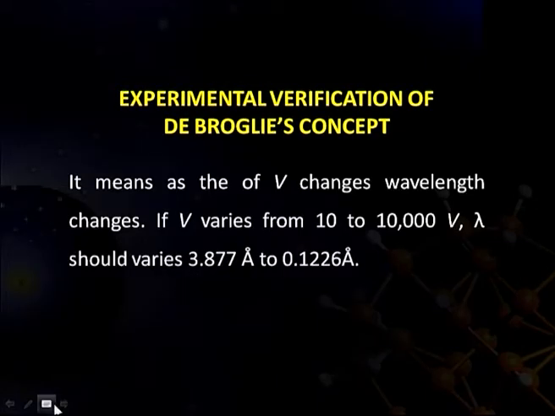It means as the value of V changes, wavelength changes. If V varies from 10 to 10,000 volt, lambda should vary from 3.877 angstrom to 0.1226 angstrom. This is the order of wavelength of X-rays.